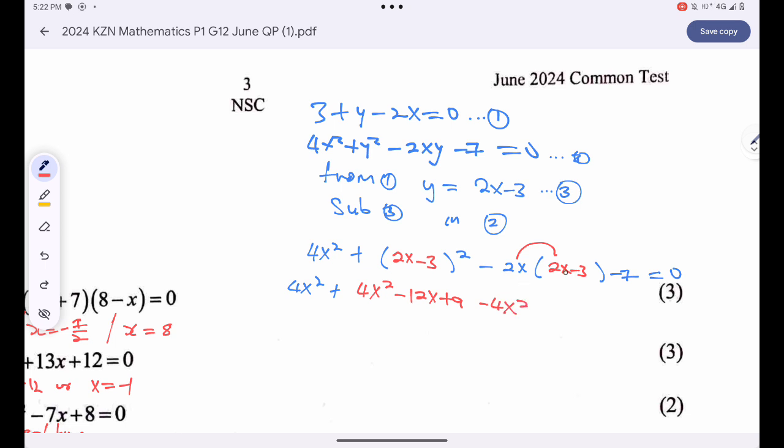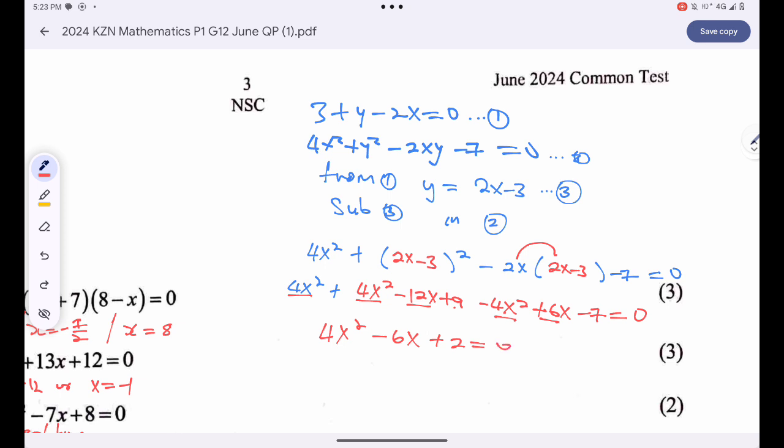Negative 2x multiplied by negative 3 is positive 6x, minus 7 is equal to 0. Now let me group the like terms. I have 4x squared plus 4x squared, that's 8x squared, minus 4x squared, I'll be left with 4x squared. Then negative 12x plus 6x gives me negative 6x. Then 9 minus 7, I get a positive 2, equal to 0.